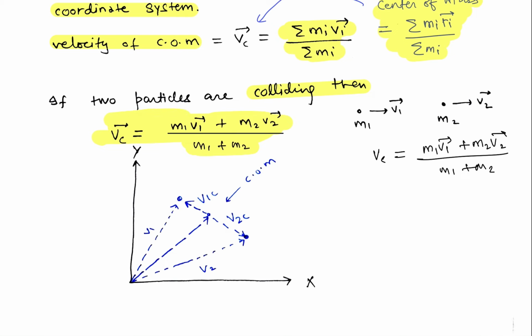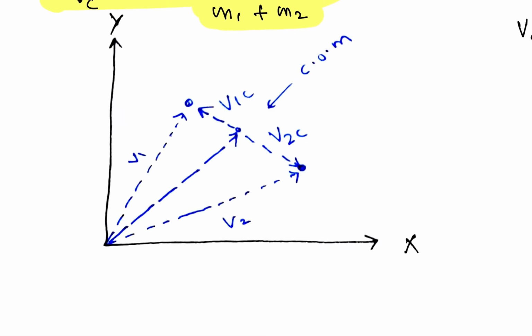And now we are required to understand the center of mass vector diagram. So here we have a diagram, and let me tell you. So this point is mass M2, this point is mass M1, and if we draw the velocity coordinate, this is V1 for M1 and this is V2 for M2. So how do we get it?